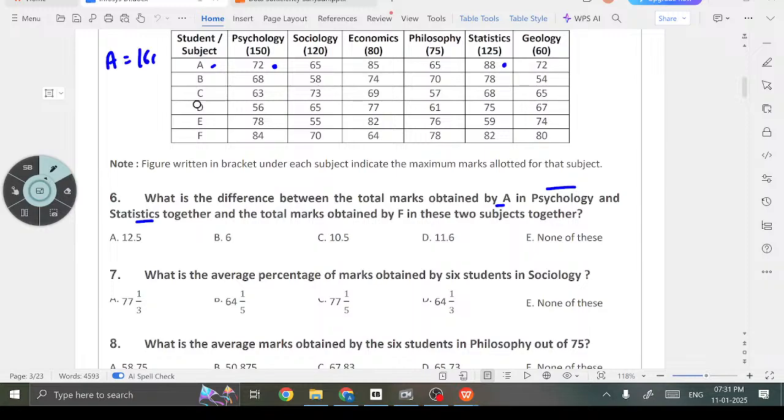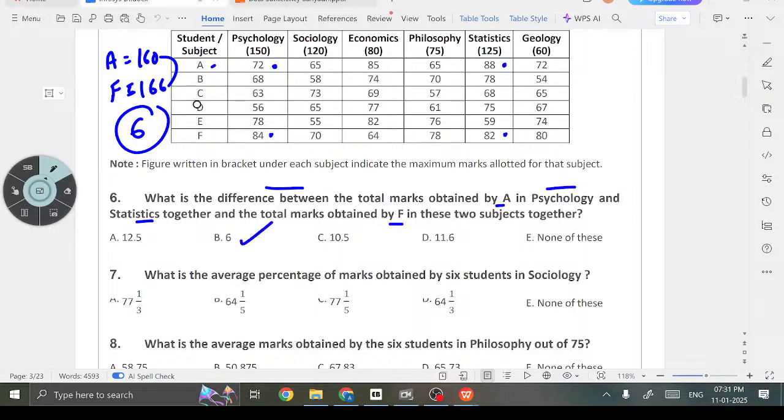So A is 160. Now what about F? F, this one and this one. When I add these two, I will get 166. What is the question? What is the difference between the two total marks? The difference is 6 here.